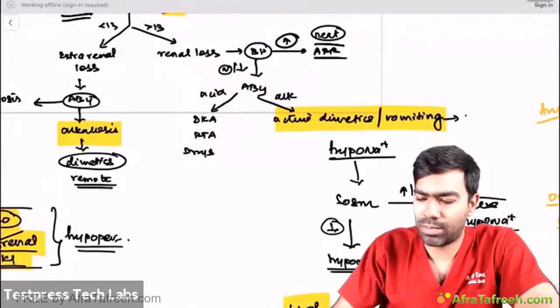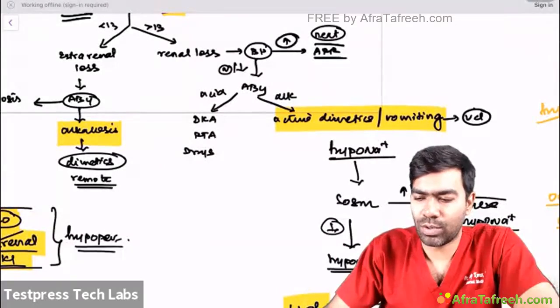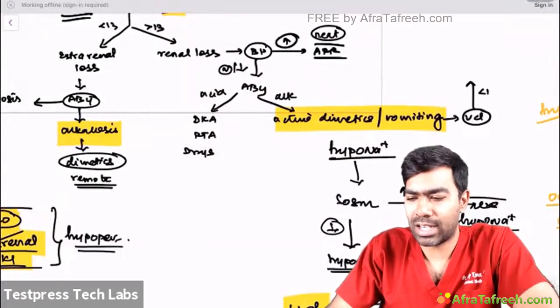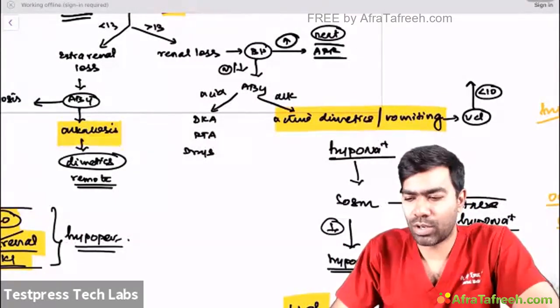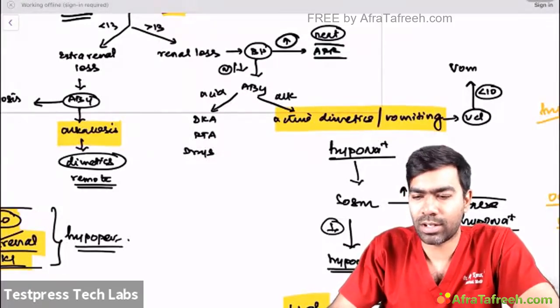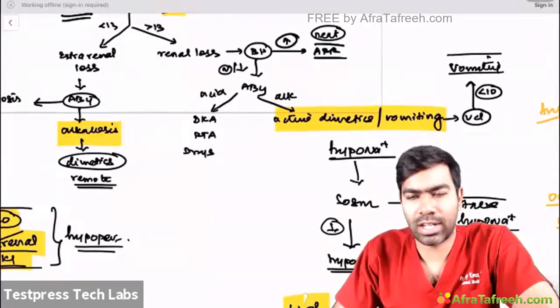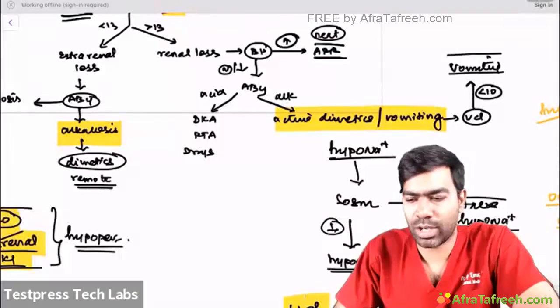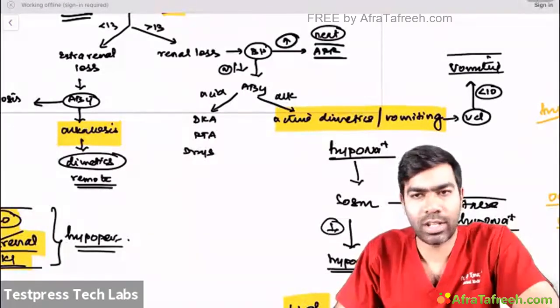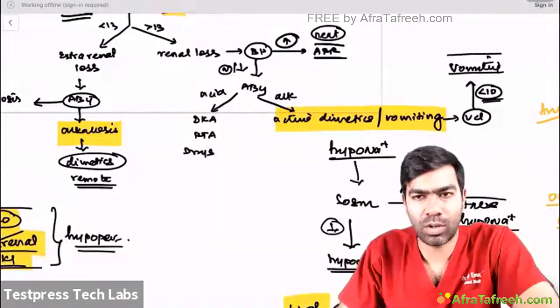Urinary chloride will help. If urinary chloride is going to be less than 10, so very low urinary chloride, which means it's chloride responsive, which means I'm talking about vomiting here. I'm dealing with vomiting, which means there is complete chloride depletion. Because of the chloride depletion, my chloride in the blood is lost. Because of that, my urinary chloride is extremely low.